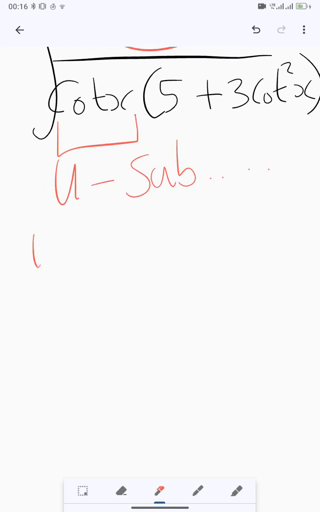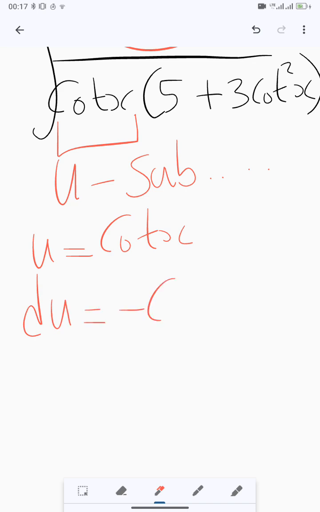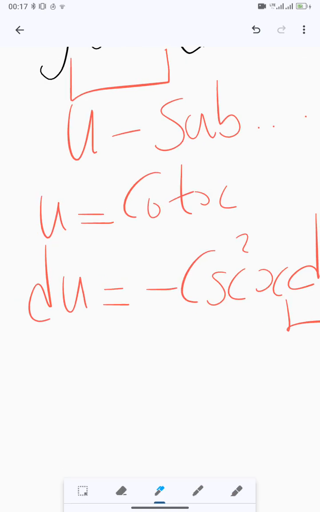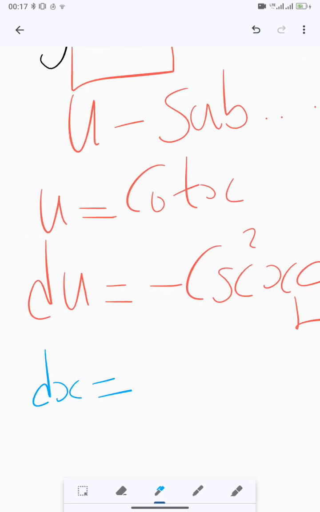So go ahead, u is equal to cotangent x, so that means du is equal to negative cosec squared x dx. When you are doing your substitution, you have to make dx the subject of the formula. Then from here I can see that dx will simply be negative du over cosec squared x.